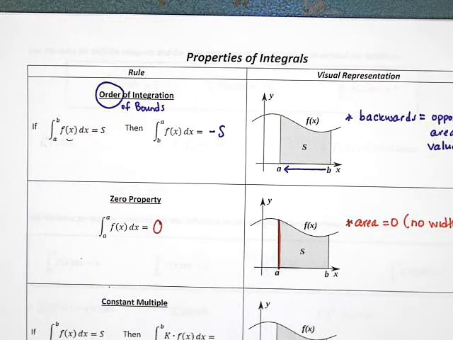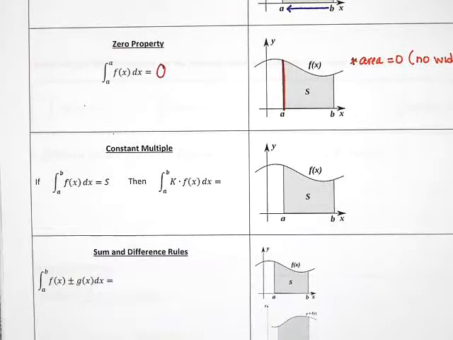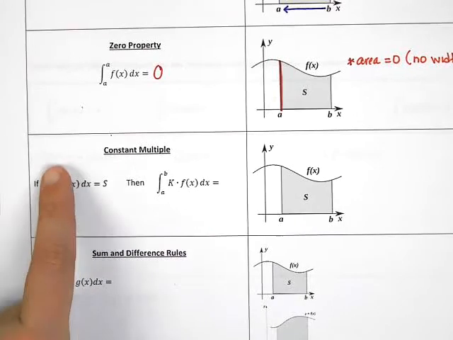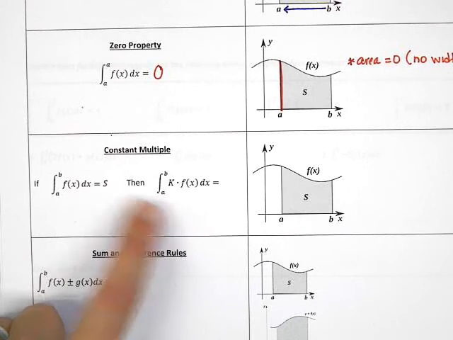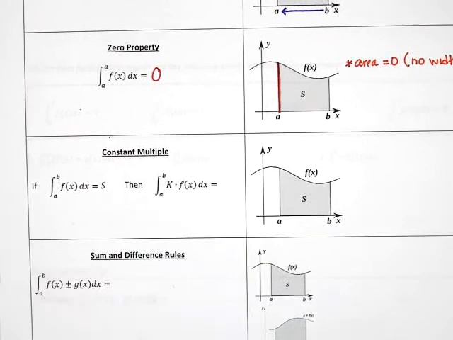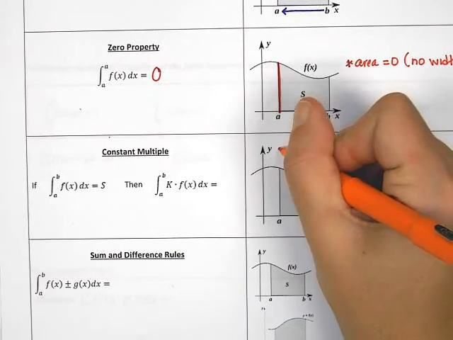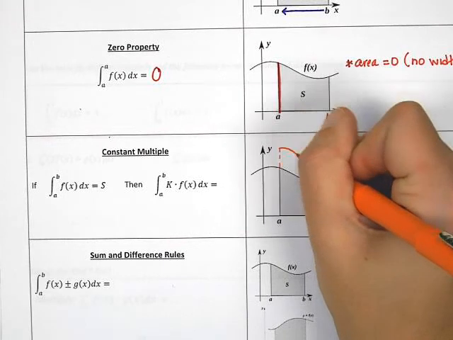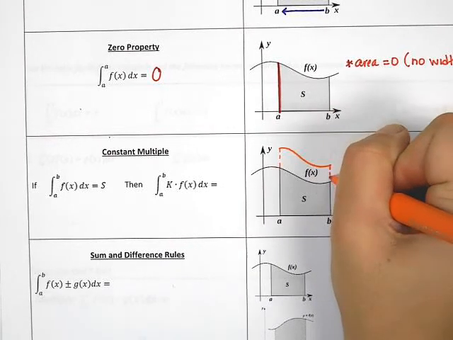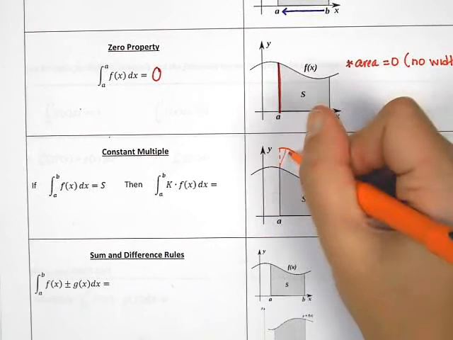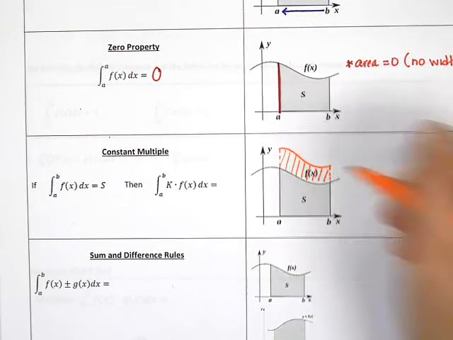We also looked today at what happens when we multiply our integral by a constant. So for example, if you know that the integral from a to b of f of x is s, then multiplying all of your y values by a constant just raises the y values of a function that many times. So you multiply your area by that constant.